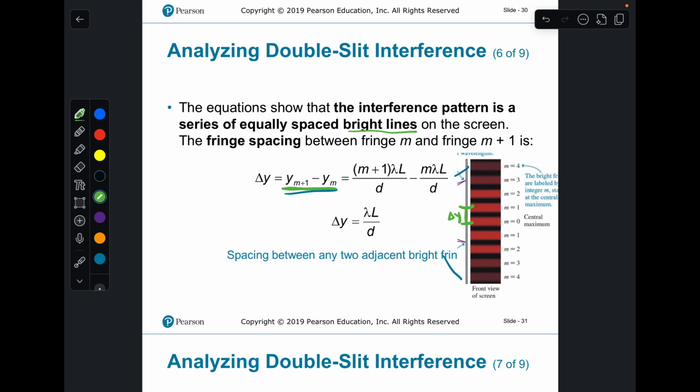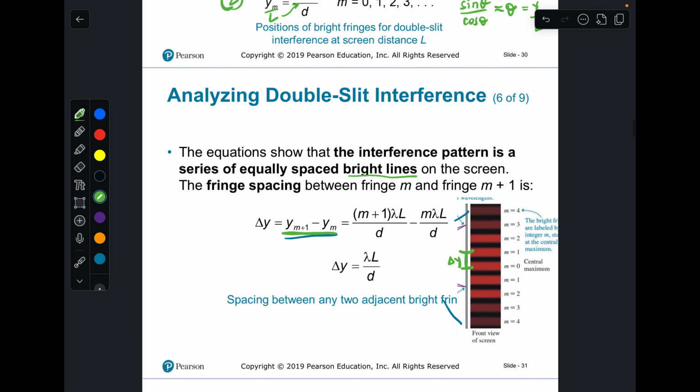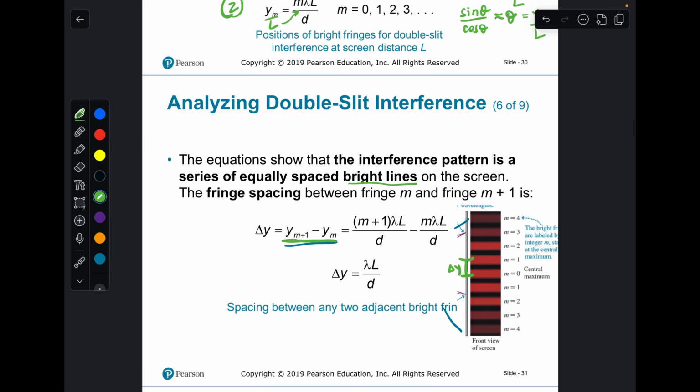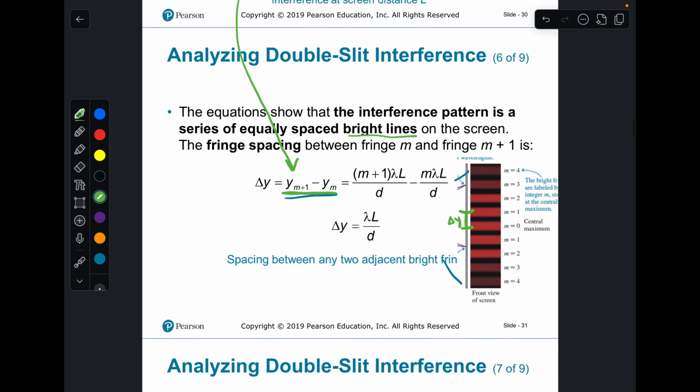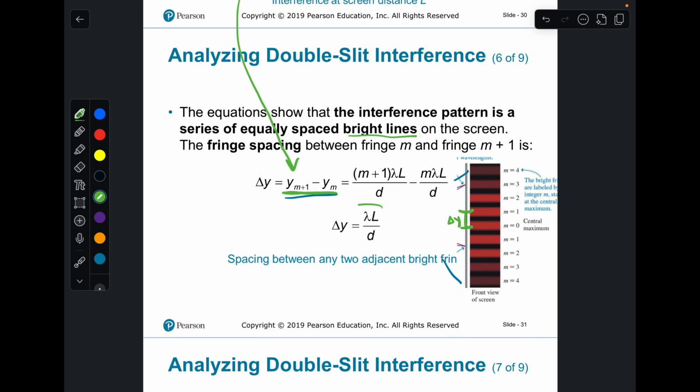That's going to be our delta y. And so if we plug in equation 2 in here and do some algebra, what you see is that the spacing between adjacent fringes is simply equal to the wavelength times the length between the screen and the slits, divided by the slit spacing.